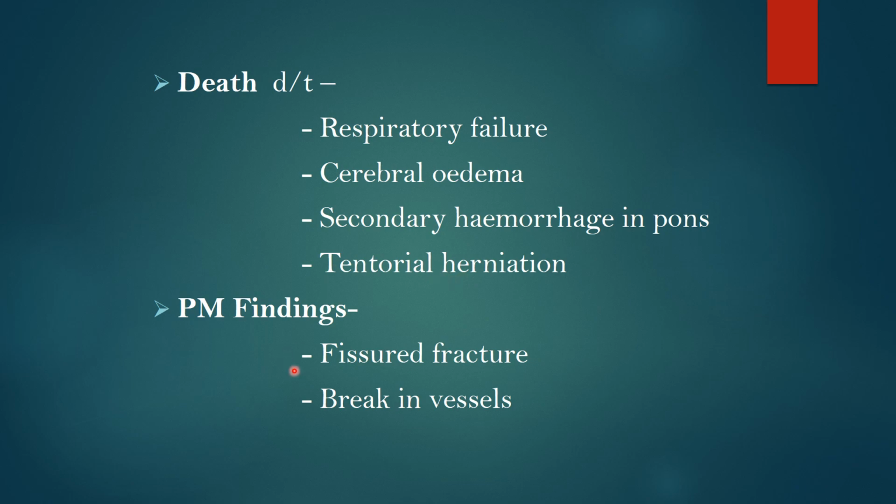In the autopsy finding, there may be a scalp hematoma. Beneath that, there can be a fissure fracture or any type of fracture. Beneath that, when the skull is opened, you will see the hematoma over the dura mater.